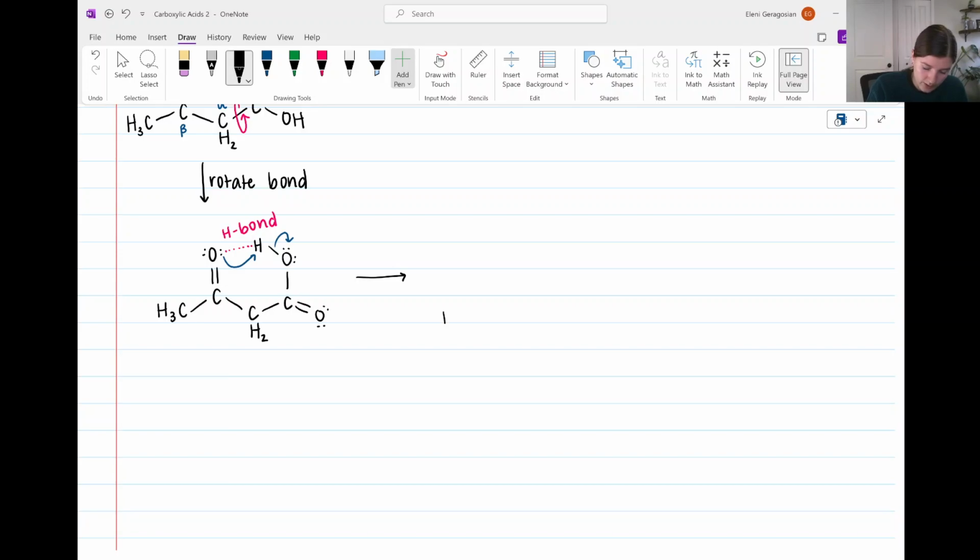So if we show the result of this, we have all the atoms still in the same place except for the hydrogen. So now we have the ketone oxygen bonded to the hydrogen, and a negatively charged oxygen as part of the carboxylic acid group.